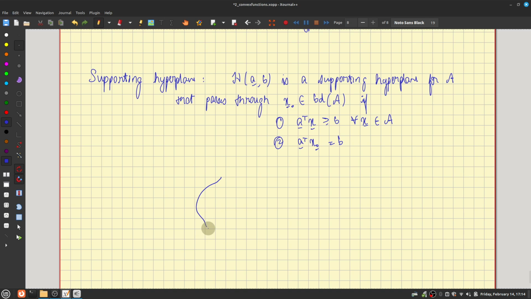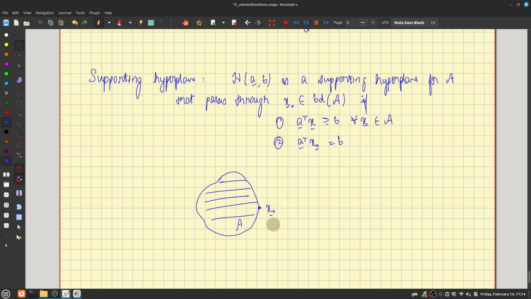So let's say that I have some set A. This is my set A. Geometrically, what would a supporting hyperplane look like? Let me take some point over here. Okay, this is my point x naught. What does a supporting hyperplane for A at x naught look like?